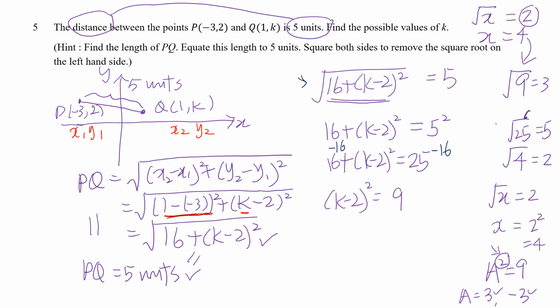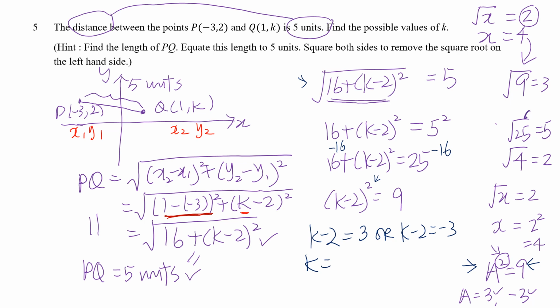Now when I have a square here, to remove the square, I square root 9. You get it? We always do the opposite action. So square root 9 gives me 3, and like what we mentioned in this example, there are 2 possible answers. One is positive 3 and one is negative 3.